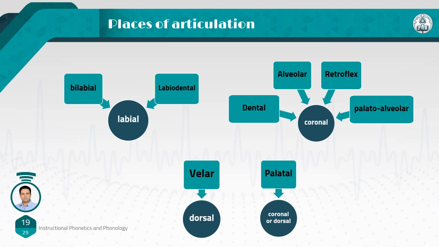To get the feeling of different places of articulation, consider the consonant at the beginning of each of the following words: fee, theme, see, she. Try to say these consonants by themselves: f, th, s, sh. Are they voiced or voiceless? Here, in the example I gave you, f, th, s, sh, all of them are voiceless.